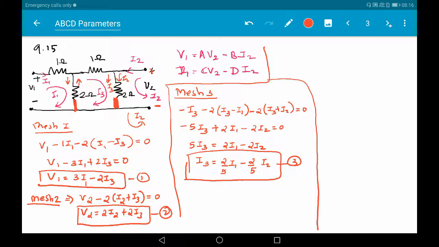Now put equation 3 in equation 1. Equation 3 is substituted in equation 1.